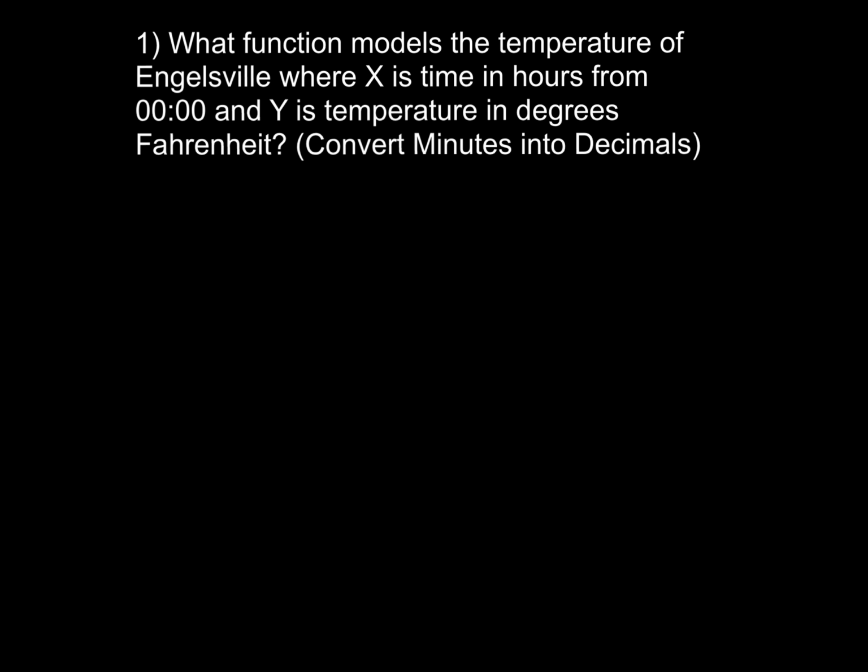Okay, so what function models the temperature of Anglesville, where x is the time in hours from 00 and y is temperature in degrees Fahrenheit? First of all, we will convert minutes into decimals. So 1306 would be converted, because this is in a 24-hour period, to 13.1, since 06 over 60 equals 0.1.